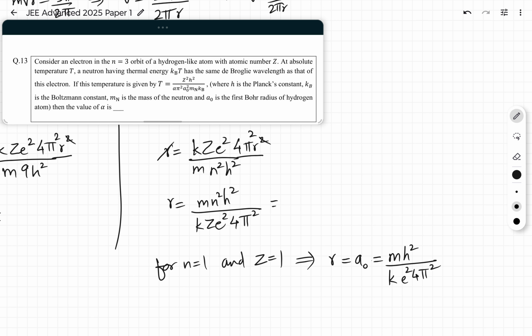Let's write the general radius in terms of n squared by Z, and this is the Bohr radius.